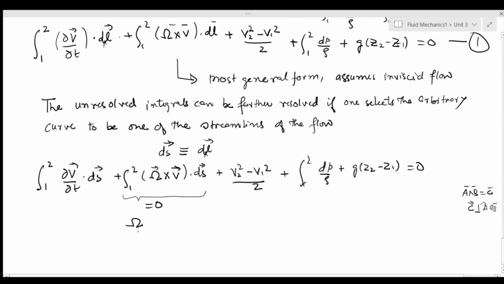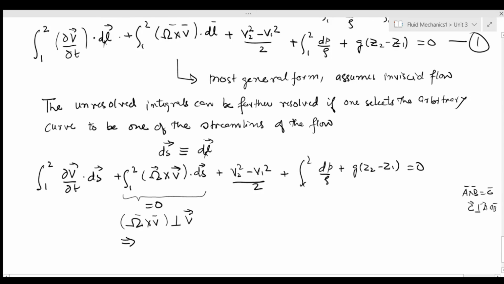So here omega cross V is something which is perpendicular to V. Now, if we are moving along a streamline, then a streamline is made by joining tangents to the velocity vectors.